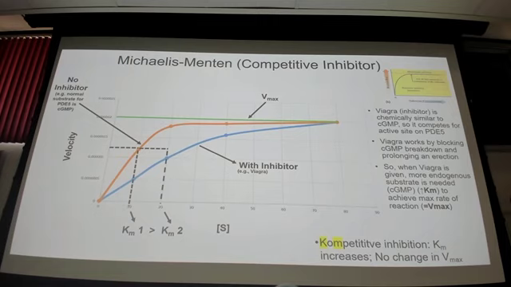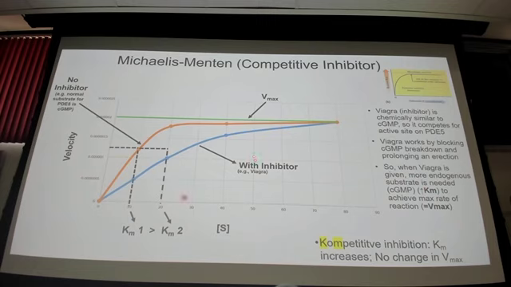So in this graph, we see that the Km is shifted to the right for the blue line, which is the cyclic GMP and Viagra.